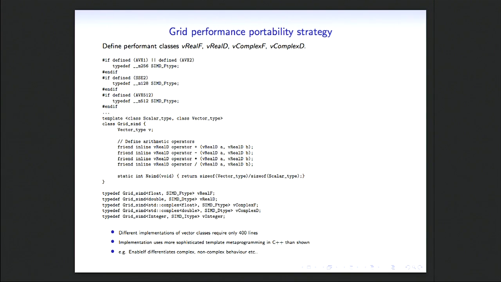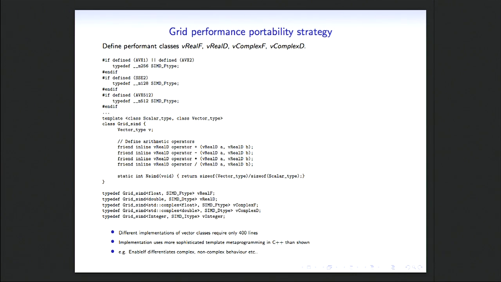And then we build the rest of the application based on these vector classes. The vector length is returned by this class, which lets us parameterize layout transformations in a way that transforms as you go from architecture to architecture.